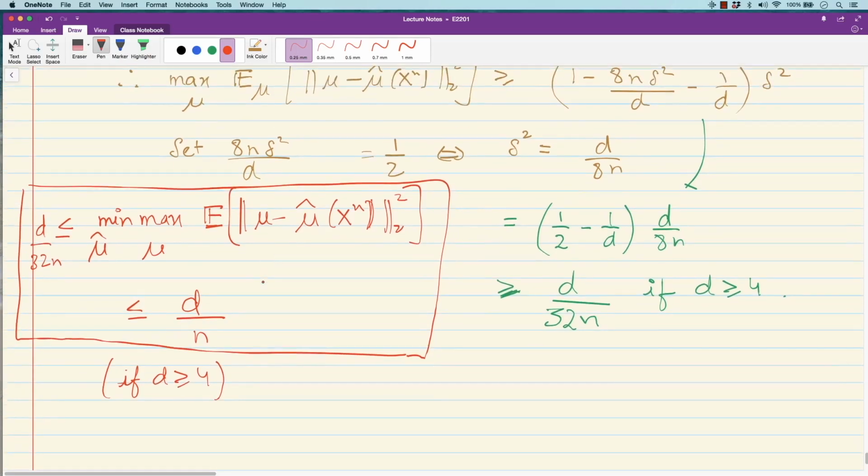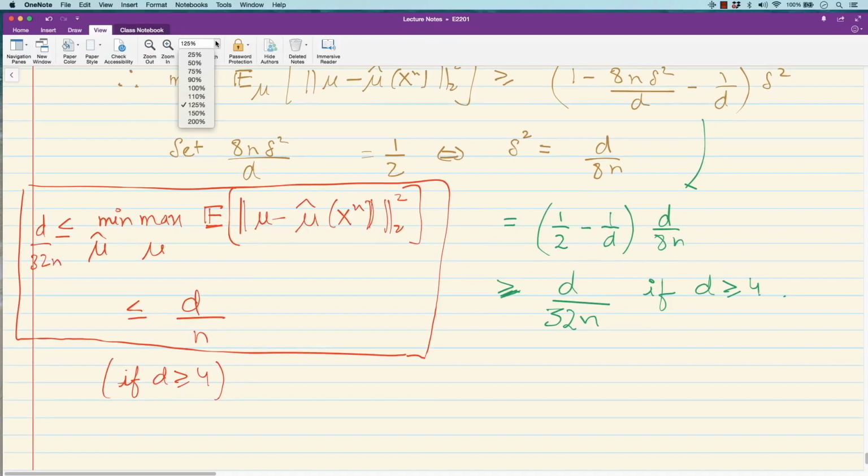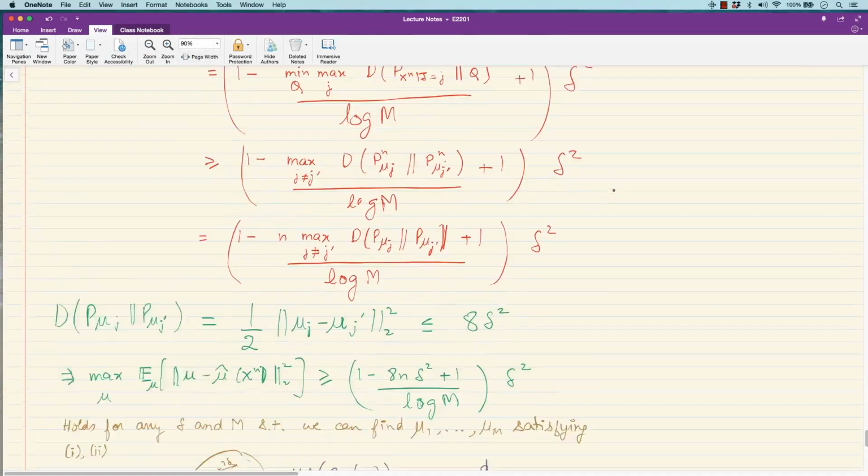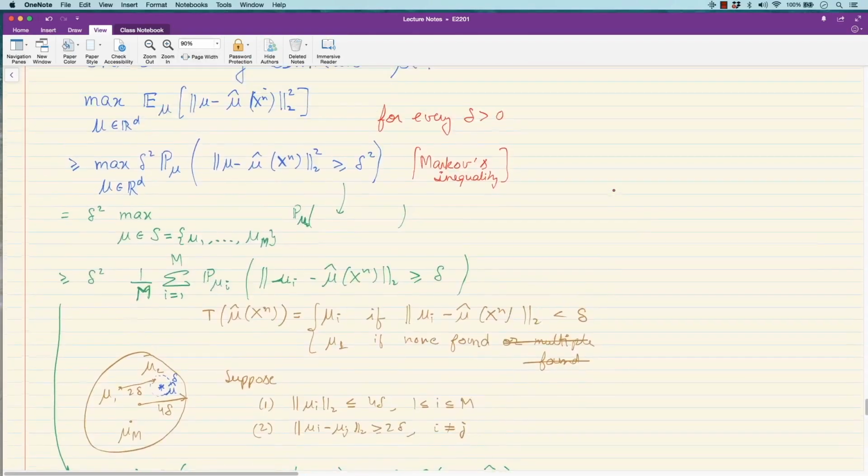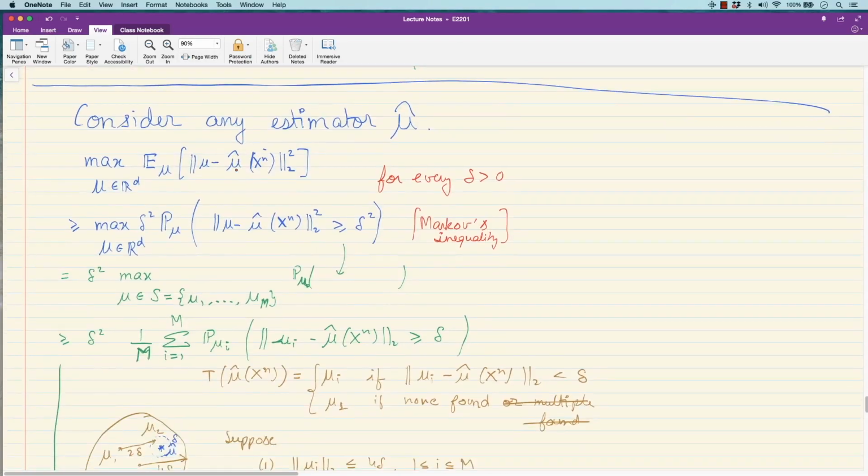Okay, so such bounds are called min-max lower bounds. I'll just quickly review what we did here in this min-max bound. We first replaced this expected cost with some probability of error cost, which comes in terms of the loss function being large.